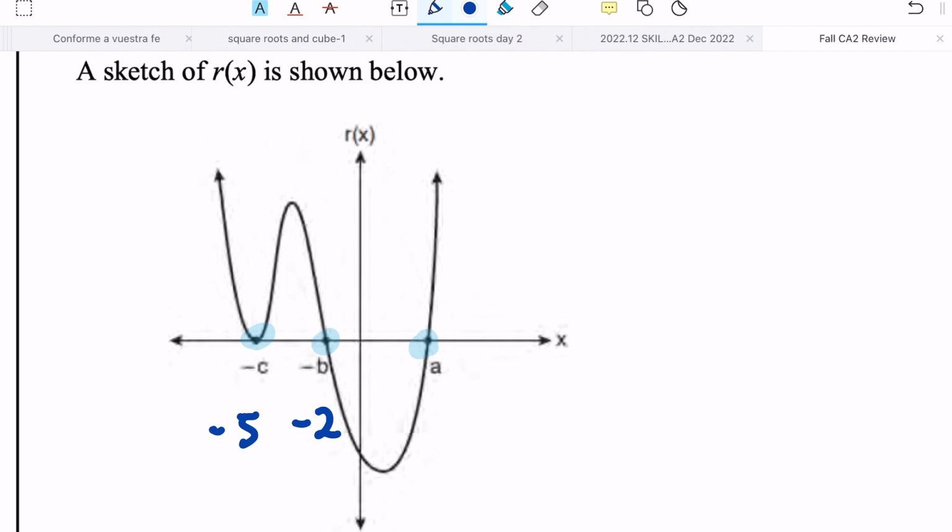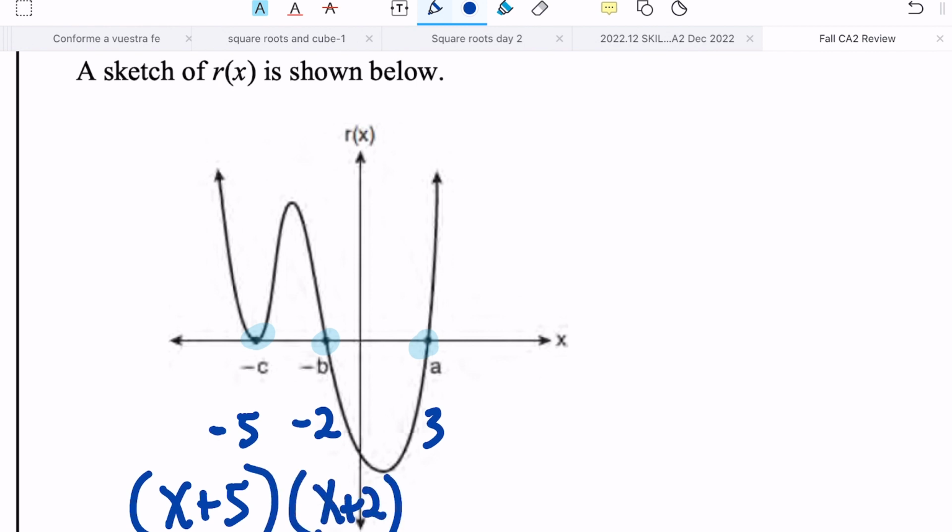And this is 3. Okay? In other words, those are my x-intercepts. So, if that were the case, then it would be x plus 5, x plus 2, and x minus 3.